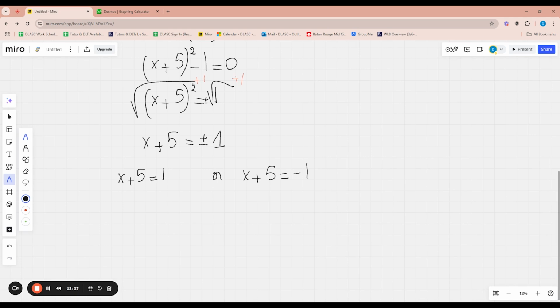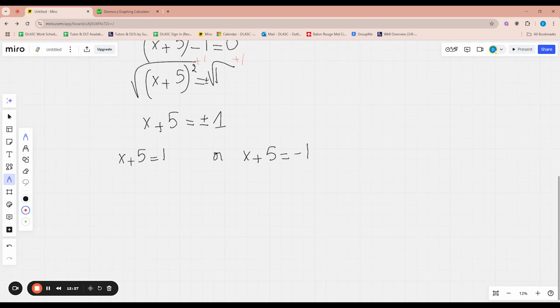And we're just gonna solve for x. This is easy: we subtract 5 from both sides, and we're left with x = -4. Same thing here: we subtract 5 from both sides, and we get -6.